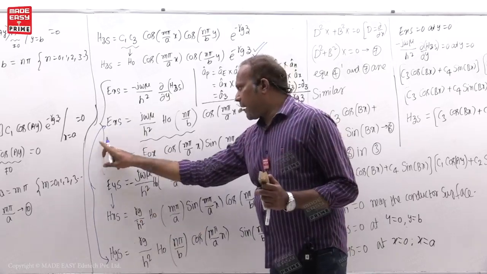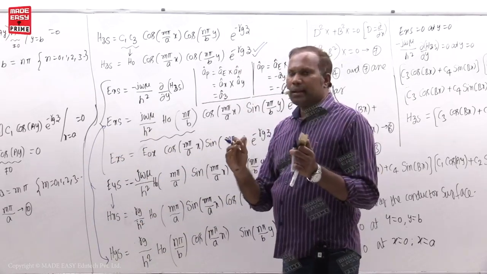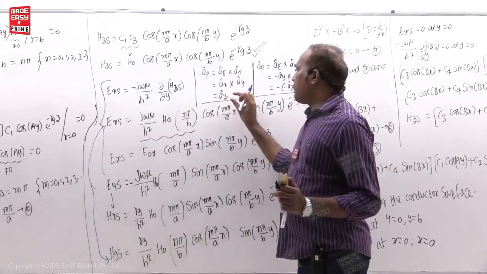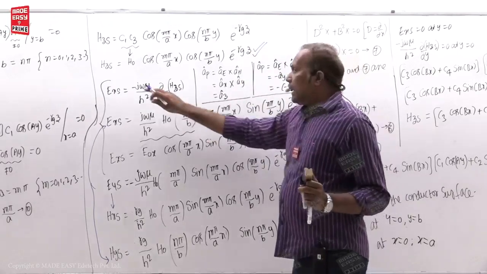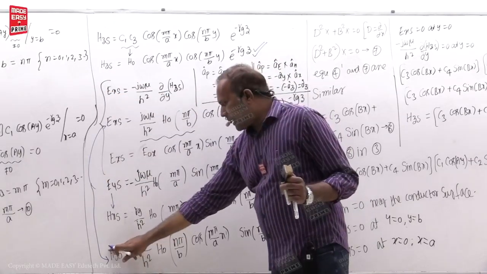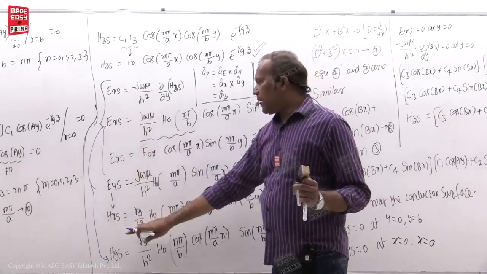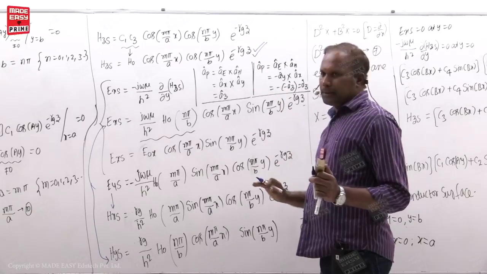Then EXS and HYS together, that is one pair, that pair carries the power in the z direction because the wave is traveling in the z direction. You can say it like this also: HZS generates HYS, that HYS generates EXS, then both carry the power in the z direction.